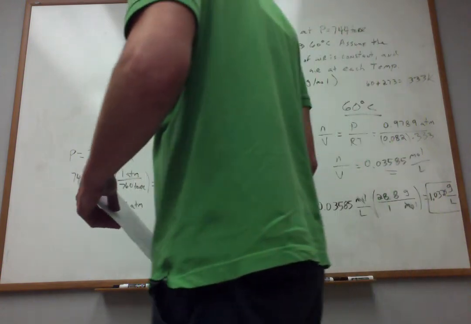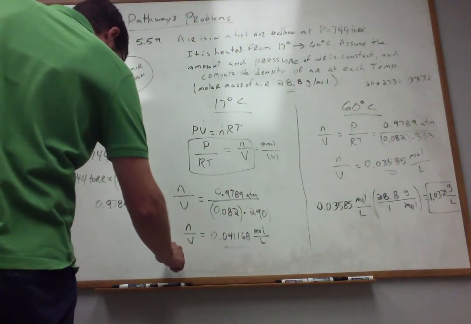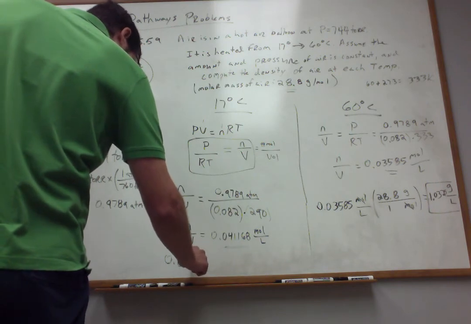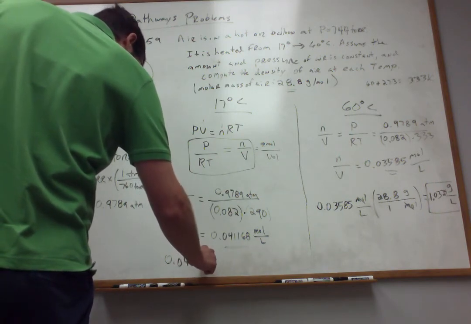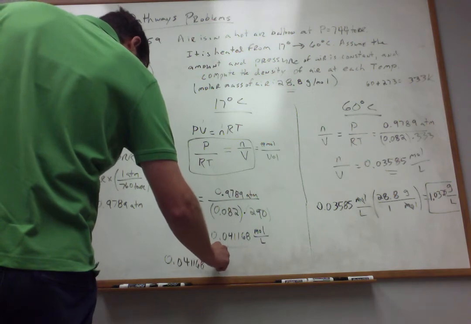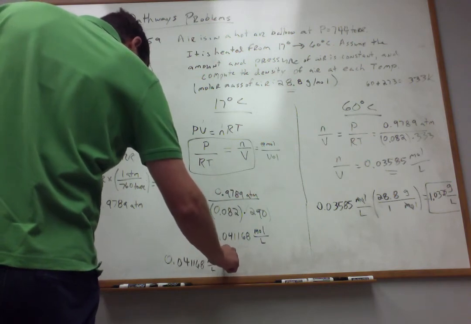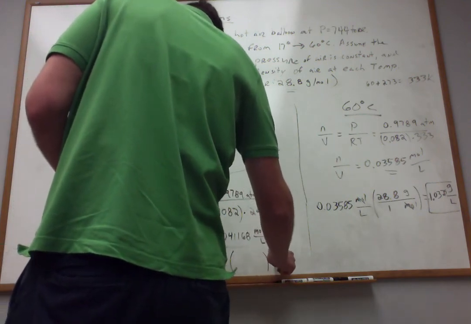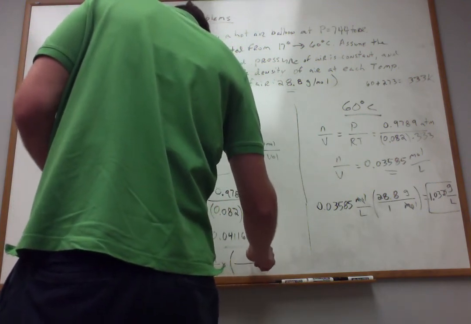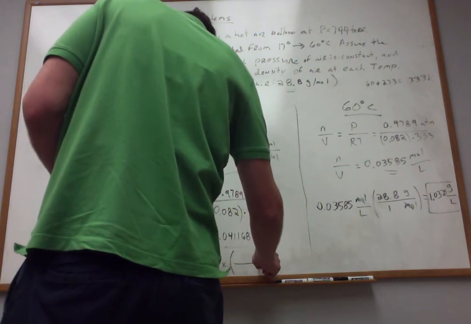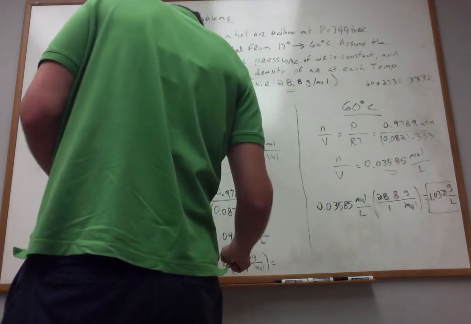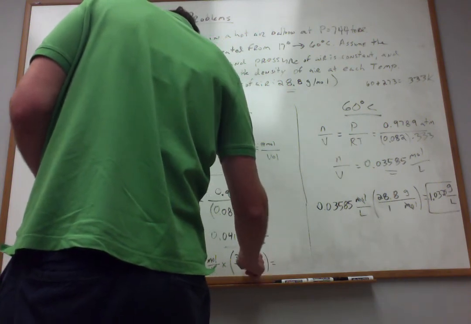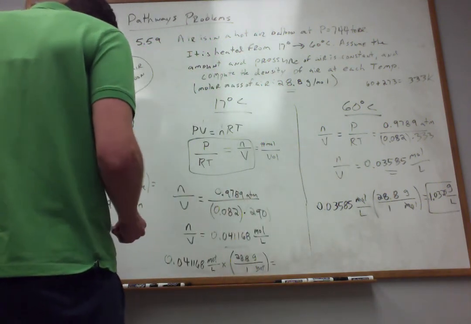And I could do the same exact calculation for the lower temperature, 0.041168 mole per liter. Multiply by 28.8 grams per mole. Mole units cancel.